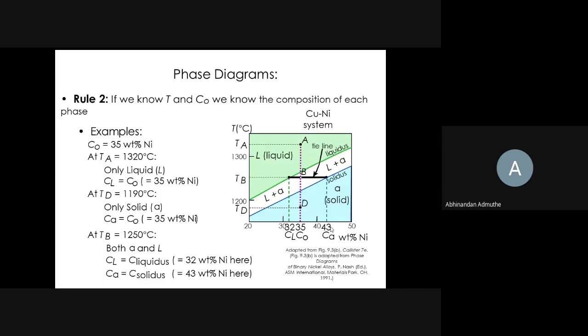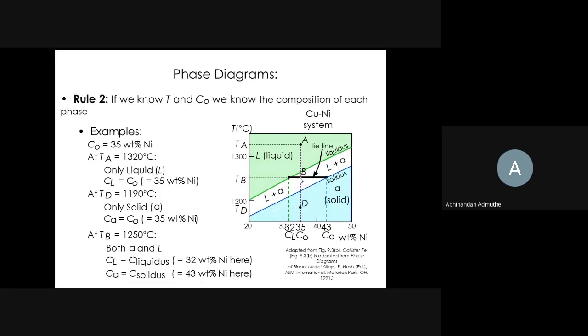So by using the tie line, if two phases are there, we can find out the compositions from one particular point of interest, in our case 35 weight percent nickel and temperature 1250. Obviously, in order to locate point B, you should know the alloy under investigation and the temperature under investigation.